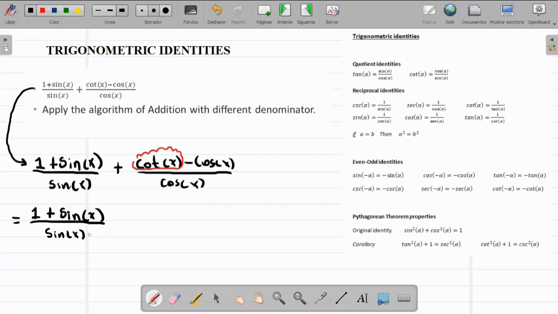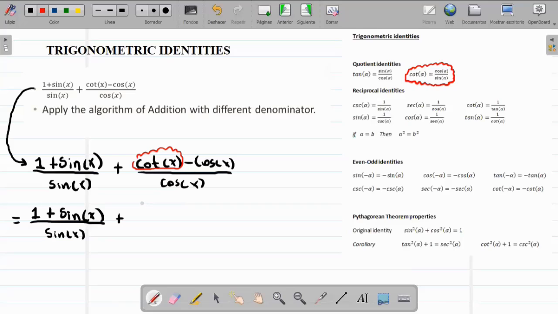So we want to change that expression, and we're not going to work with cotangent. We're going to work with the expression that contains sine and cosine related with cotangent. I'm talking about this one, if you see. This is the one that works with sine and cosine and is cotangent at the same time.